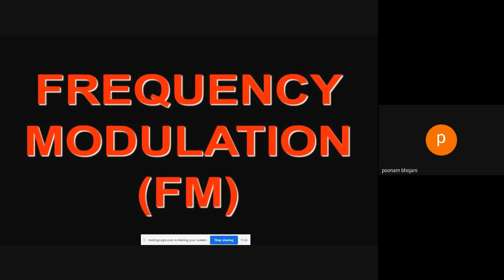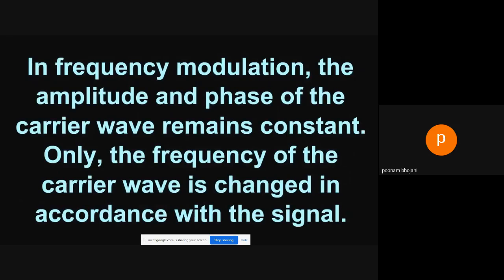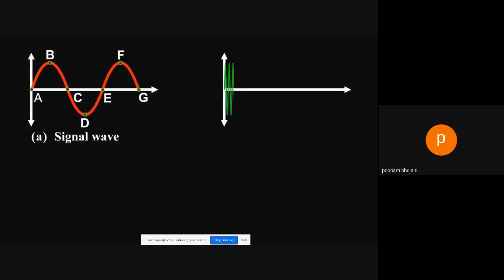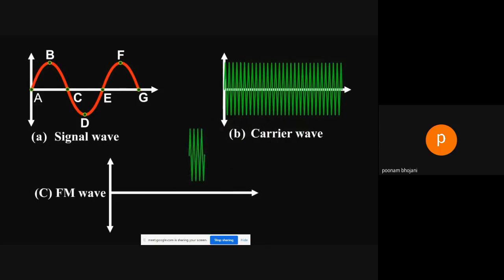Explain frequency modulation, that is FM. When the frequency of carrier wave is changed in accordance with the intensity of the signal, this process is called frequency modulation. In frequency modulation, the amplitude and phase of the carrier wave remain constant. Only the frequency of the carrier wave is changed in accordance with the signal. The frequency variation of the carrier wave depends on the instantaneous amplitude of the signal as shown. When the signal voltage is 0 at A, C, E and G, the carrier frequency is unchanged.